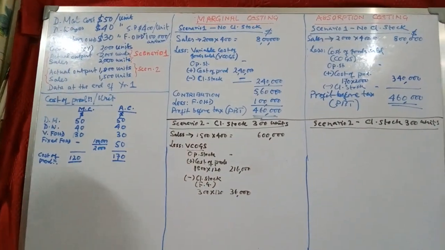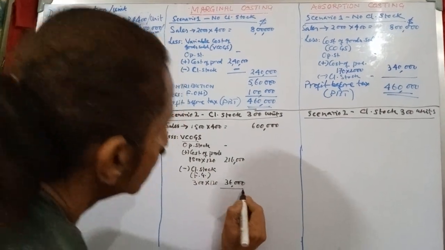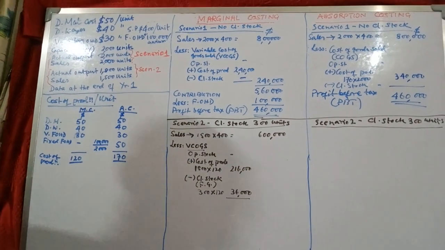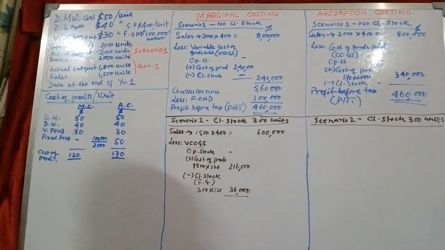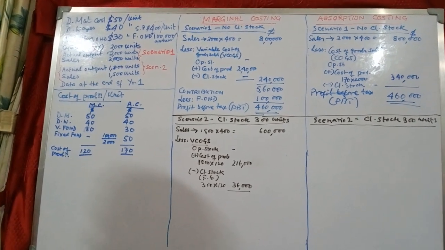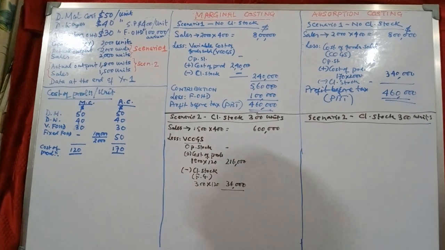Correct? So 216,000 minus 36,000, we get 180,000.